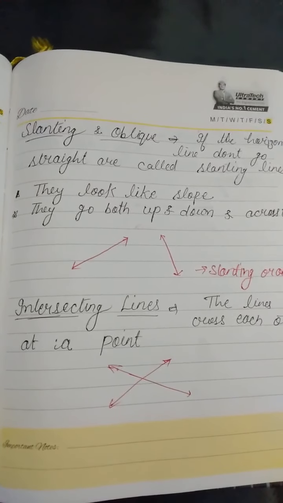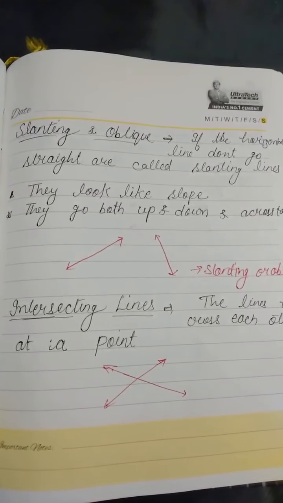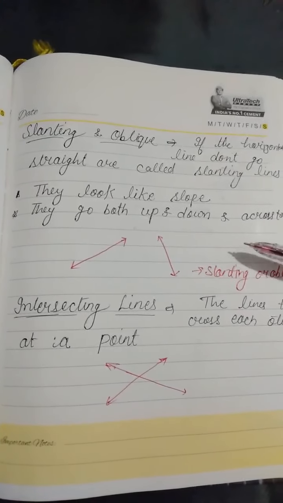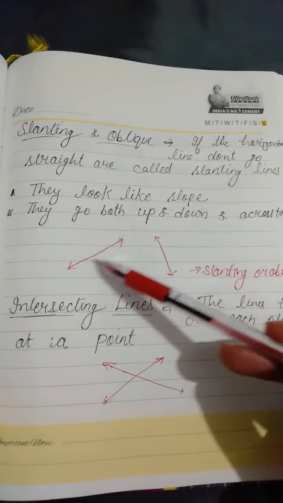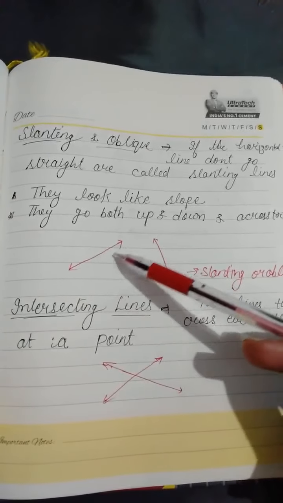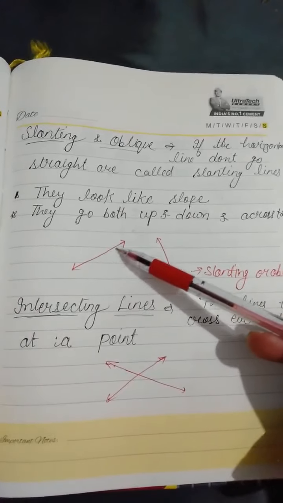Now slanting and oblique line. If the horizontal line doesn't go straight, it is called a slanting line. Okay, that means if there is any horizontal line that is not straight, that is slant. Okay, tilt, that is called slanting. They look like a slope, as we are seeing here.